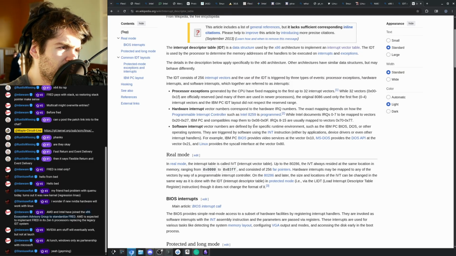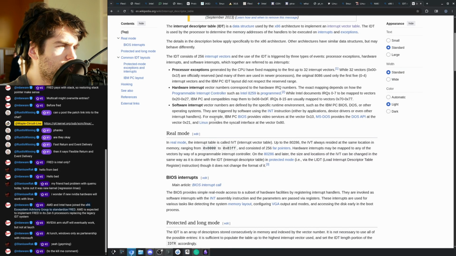While Intel documents IRQs 0 to 7 need to be mapped to vectors 0x20 to 0x27. Okay, they're mainly talking about old stuff here.